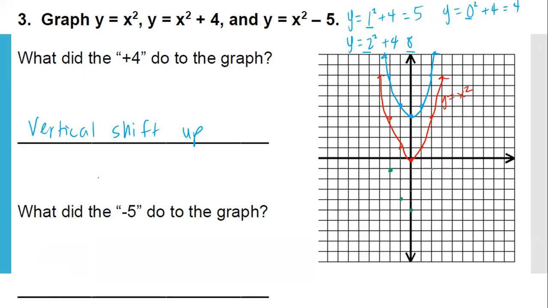And I reflect. And here's my vertical shift down. So when I subtract 5, it's a vertical shift down.